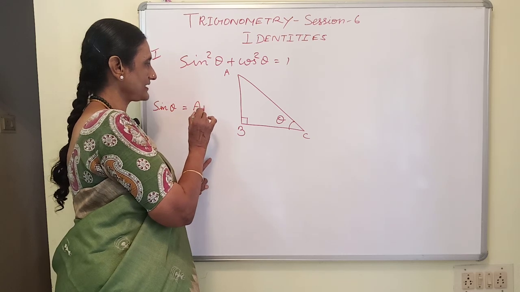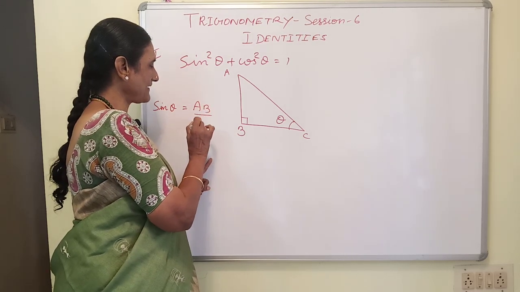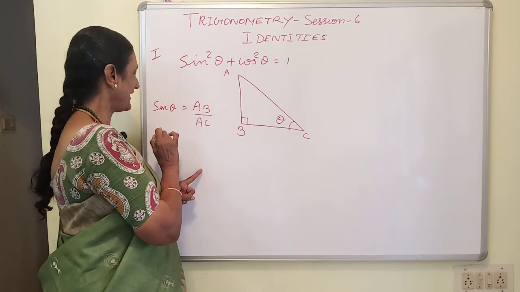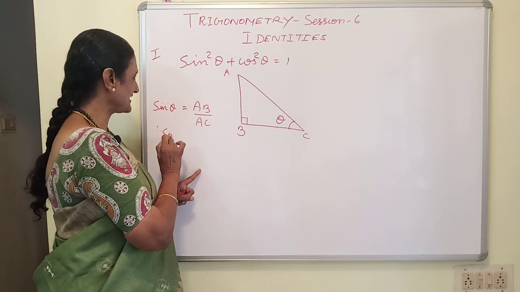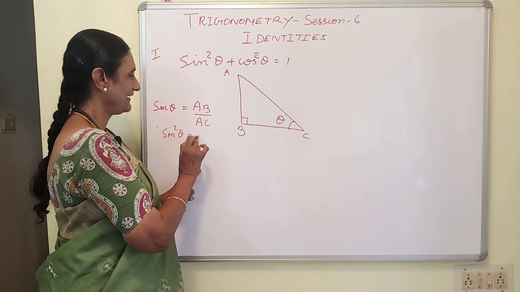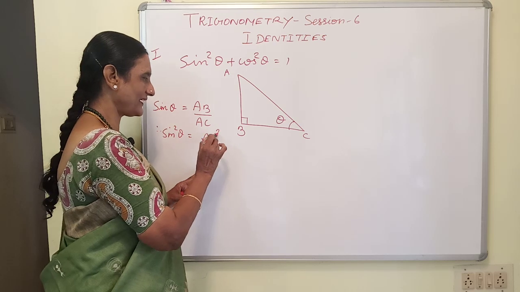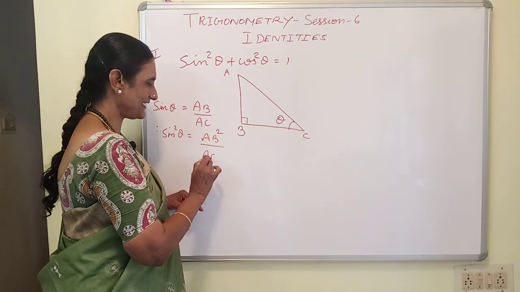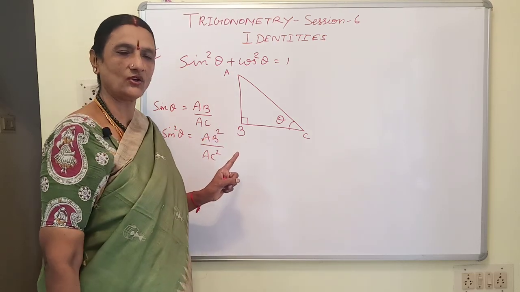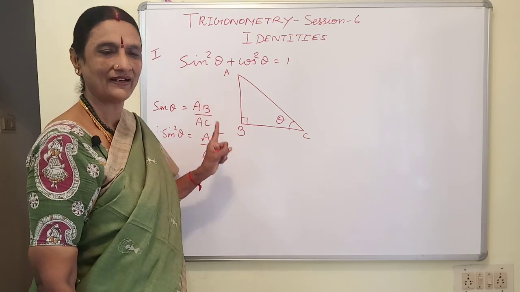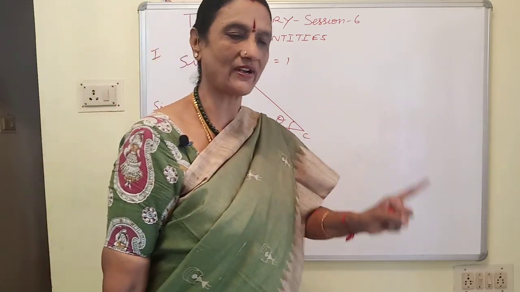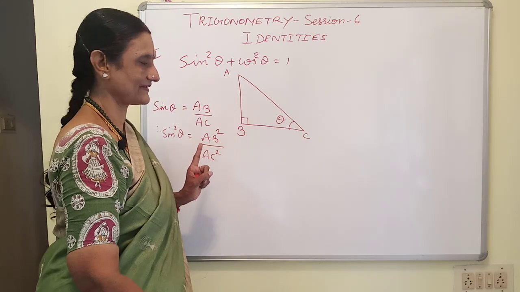So we have got AB divided by AC. Therefore, what is sine square theta? It is AB square divided by AC square. Have you all noted down in your notebook? Written down? You have to write down these identities.